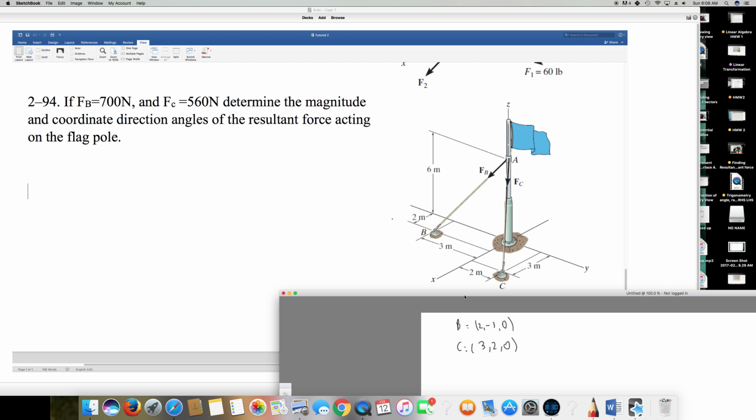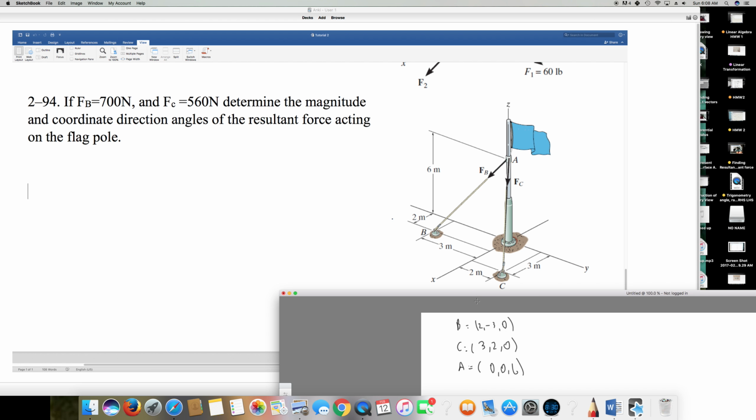And we are good to go. We have to compute the A value too. A is at the origin 0, 0, but it has a height of 6 meters, therefore it's (0, 0, 6), and 6 is in the positive direction.